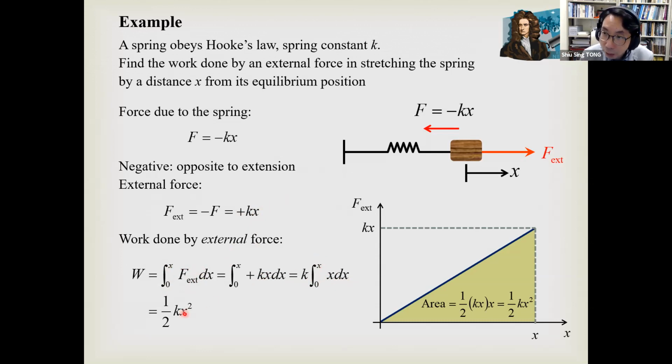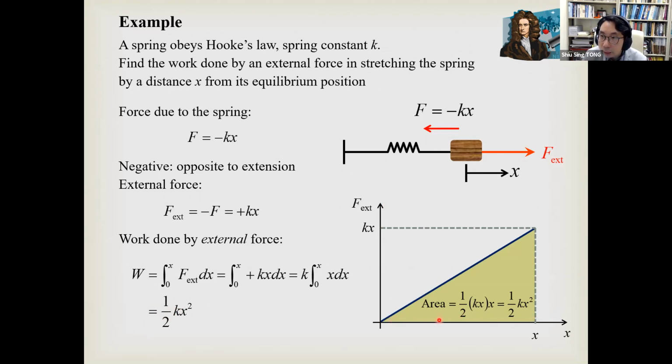So I get half x squared. So together with k, I get half kx squared. So that is the work done by the external force. If I stretch the spring by extension x, the energy that I have to input to the system is half kx squared.